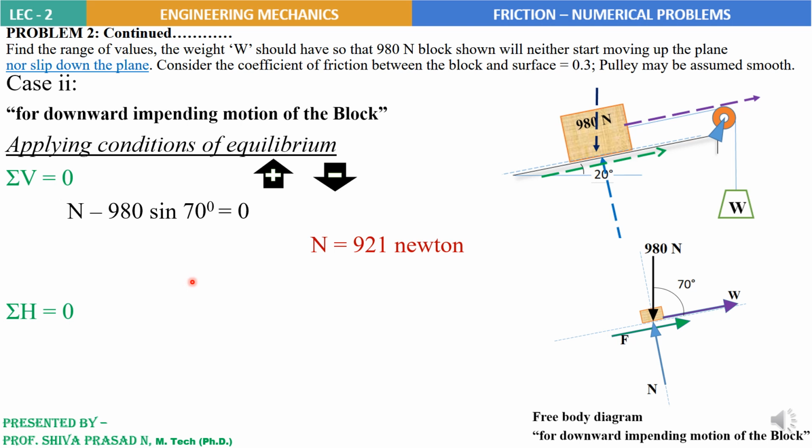Further, the second condition of equilibrium: left side forces negative, right side forces positive. So we have two right side forces now, W and F, and one left side force, which will be the resolved component of the 980 Newton force. So the equation is plus W and plus 0.3 N, that is F, minus the resolved component 980 cos 70 degrees.